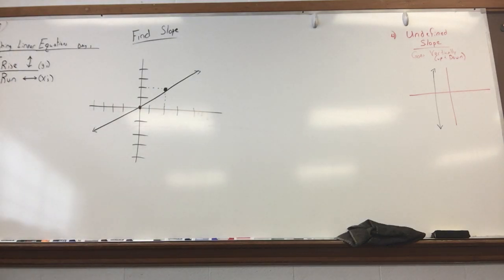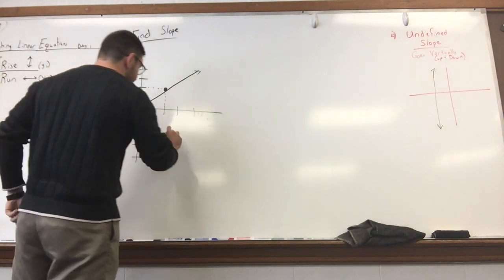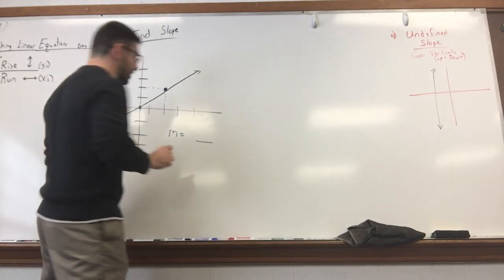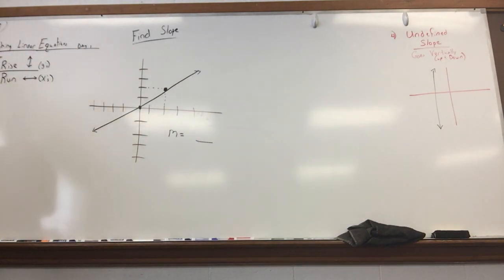So here's my graph. The first thing that we're going to do immediately is say, okay, if we're finding slope, we're going to say m equals, and then put a fraction bar. Why? Because we know that it has to be a fraction.